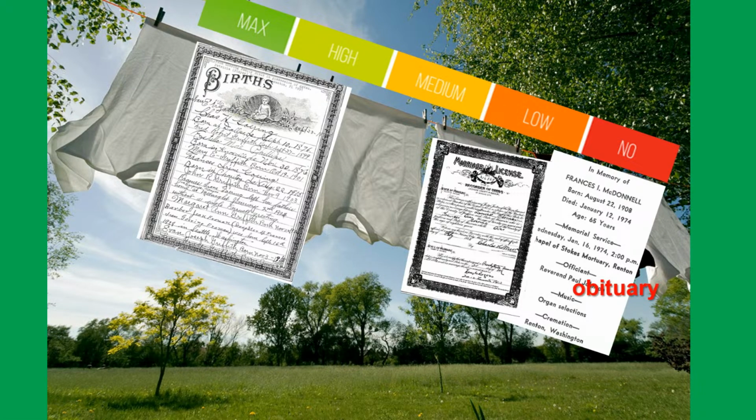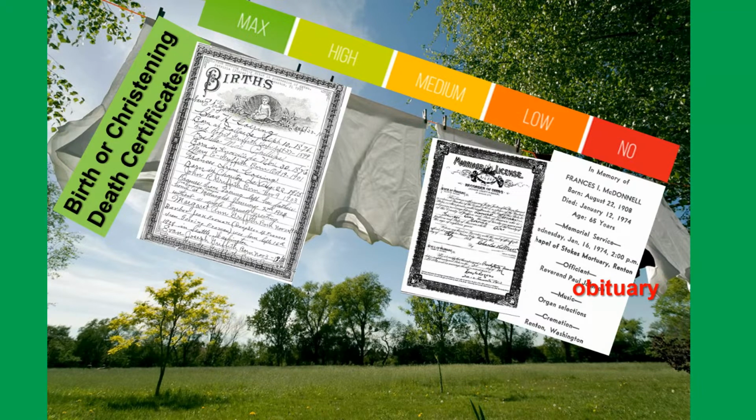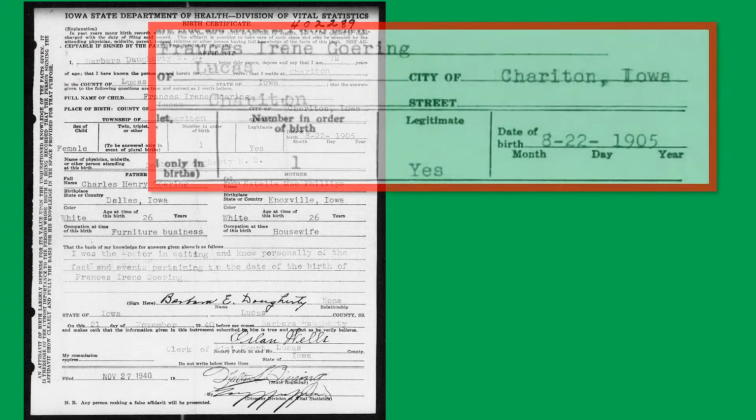And so the birth certificate or christening record would be highly likely to be quite reliable. Family Bible entry, especially this one, it's kind of messy with all the different handwriting, ink changing, etc. There is no date of publication on that. Pretty reliable, etc. But what was most convincing is this.